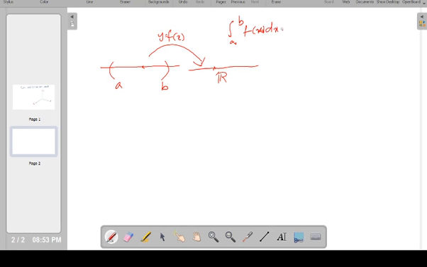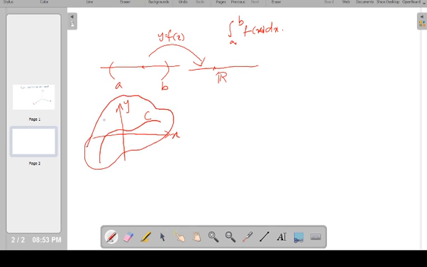Now suppose we are in the xy plane. This is the x-axis, this is the y-axis, and suppose we have a curve, let us say a parameterized curve C, and suppose I have a real valued function f defined over a region R containing C. This is the region R. R contains this parameterized curve C, and f is a real valued function.